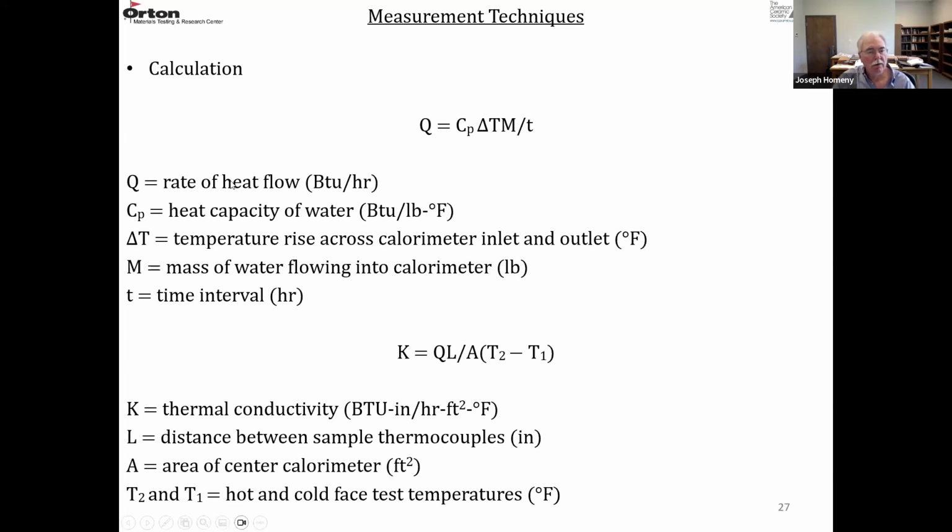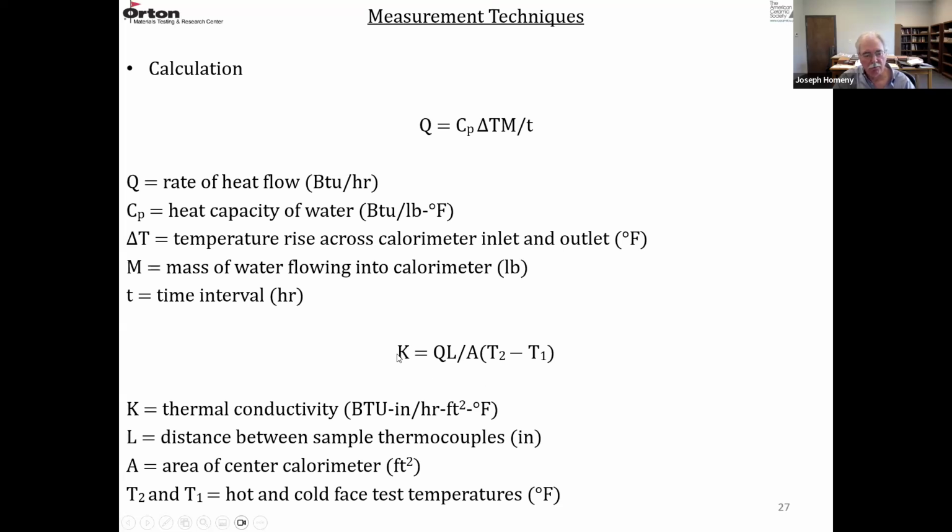So Q, the rate of heat flow, just equals the heat capacity of water times the temperature rise across the center calorimeter, and that's the difference between the inlet and outlet temperatures. You measure the mass of water flowing during some time t. So that's your heat flow Q. And here's our equation for steady state heat flow.